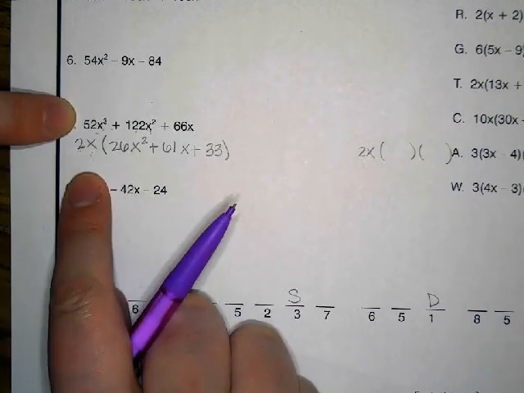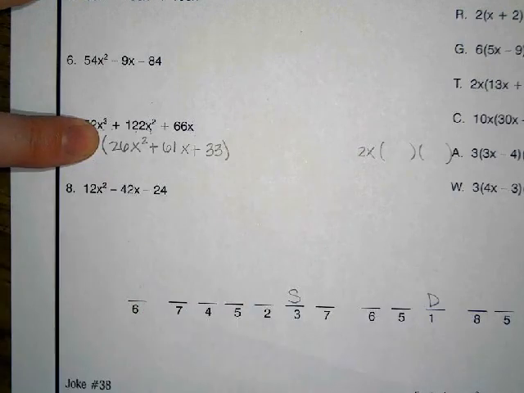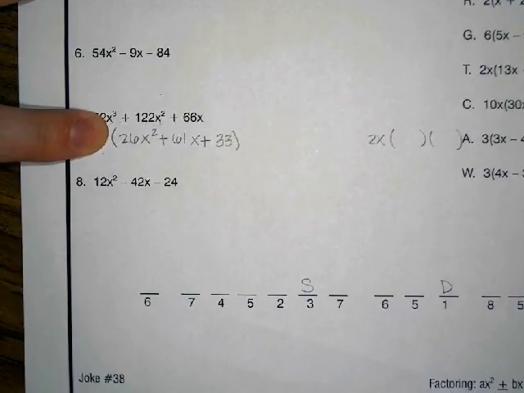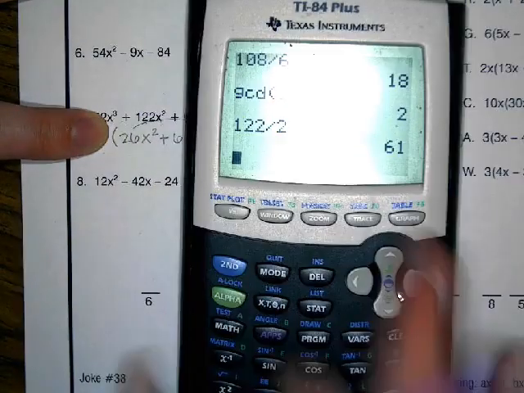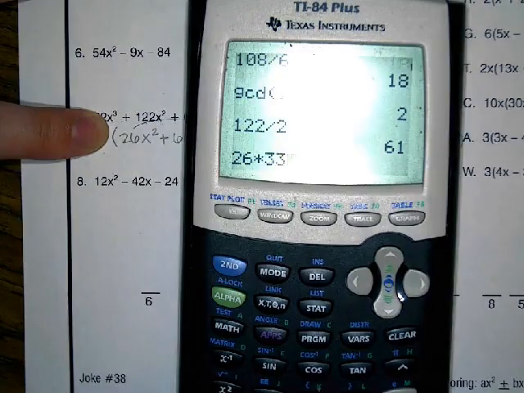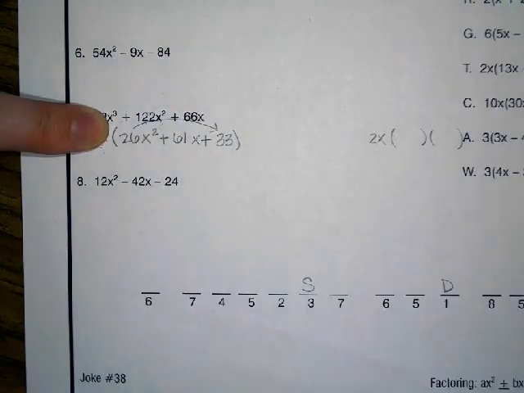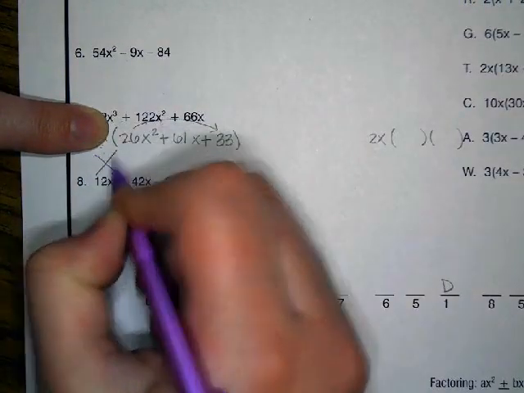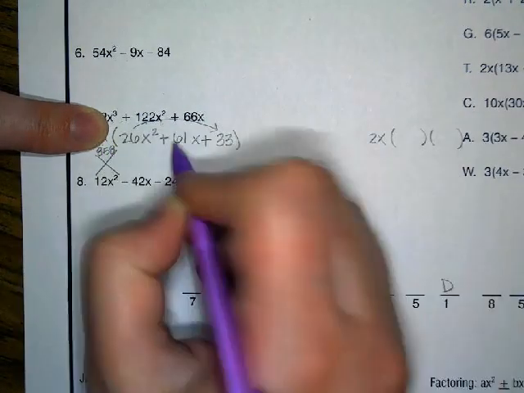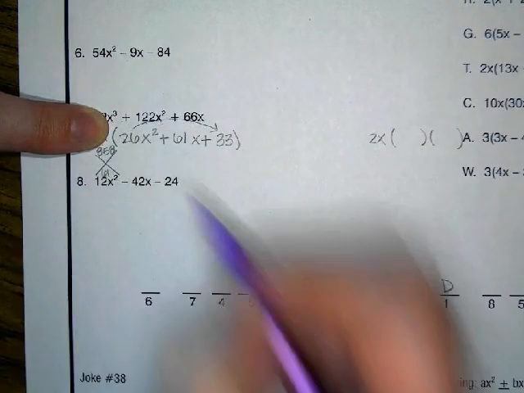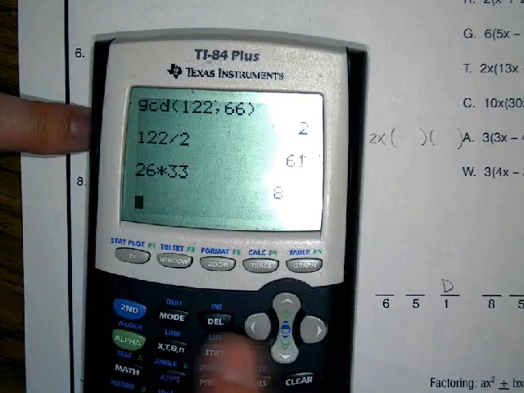Okay, so what should I do? 26 times 33. These are going to be big numbers. Okay, 858. So I'm looking for what multiplies to an 858, but adds to a 61.